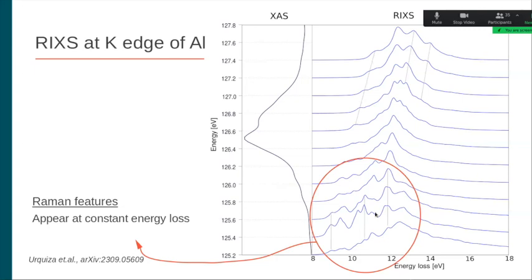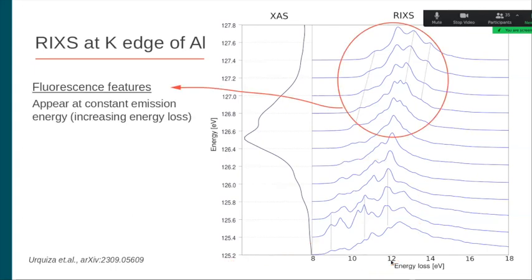So this highlights somehow the coherence or the coupling that we have in this technique between the absorption and emission. So as a result, you see that the curve changes shape when you change the incoming energy, but also the peaks remain at the same energy loss.